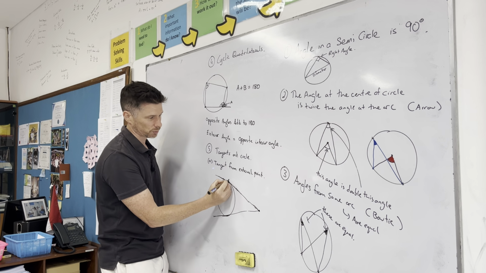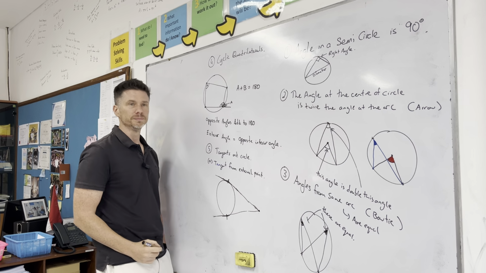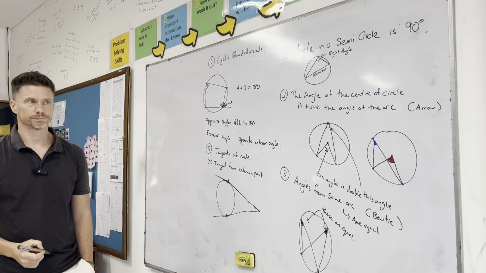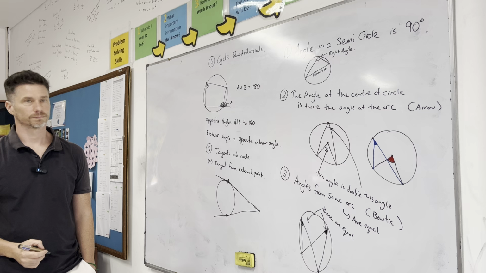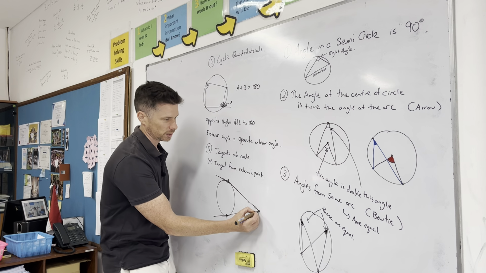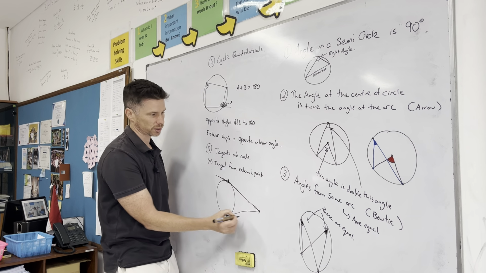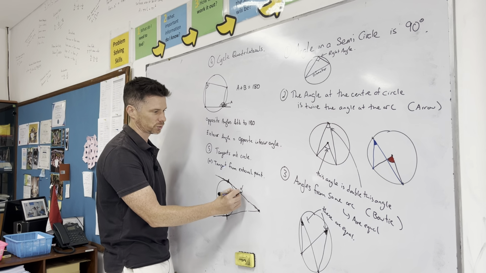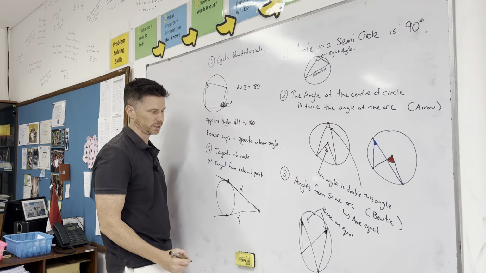The distance where it touches, here and here, these two distances will be the same. The distance from here to this point where it touches the circle, and here to this point, will be the same. So distance 1 and distance 2 will be the same.